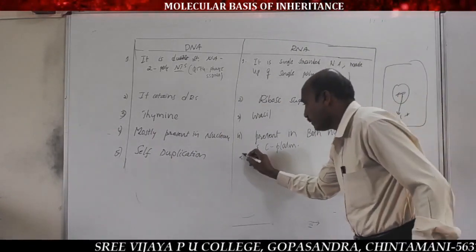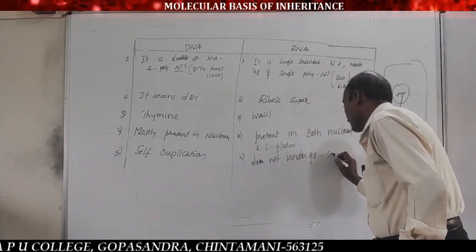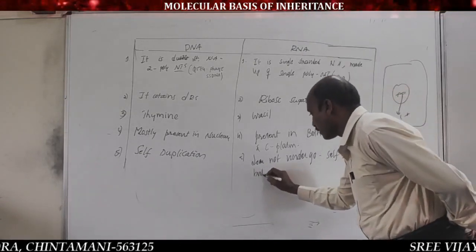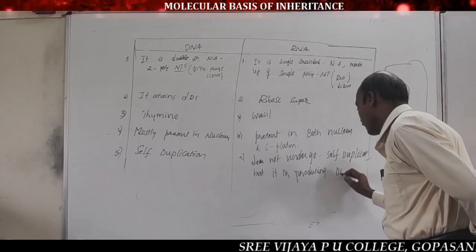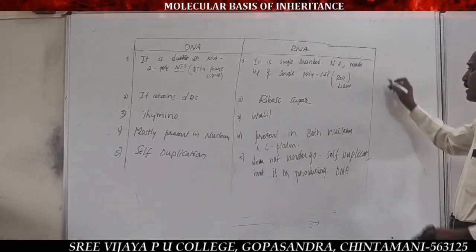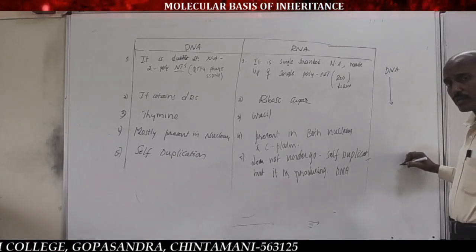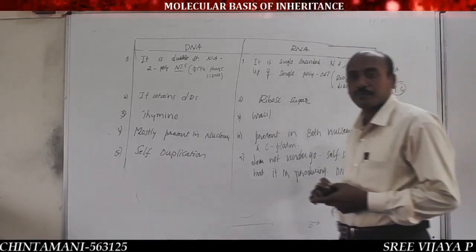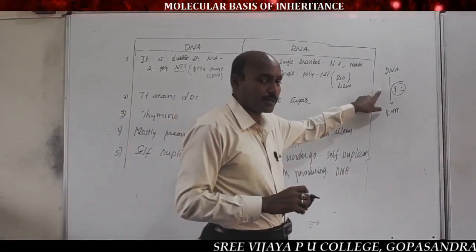But RNA does not undergo self-duplication or self-replication; it is produced from DNA, because all three types of non-genetic RNAs, whether rRNA, mRNA or tRNA, are synthesized from DNA by the process of transcription.